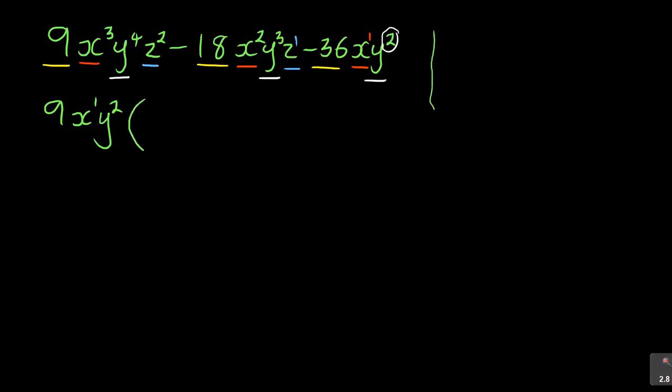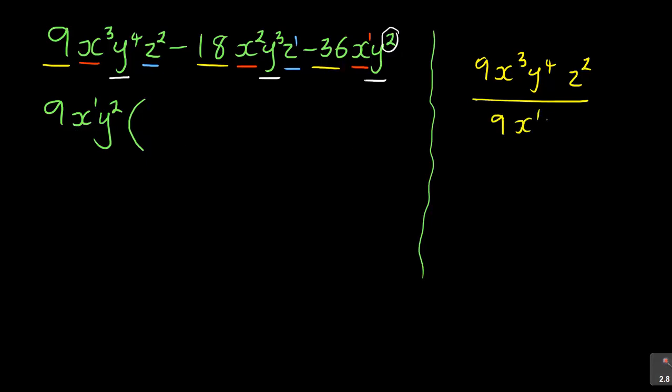So what you are doing, as I've been doing in the previous part, is you are saying 9x cubed y4 z squared. We are dividing by the common factor, which is 9x y squared. So the 9 cancels the 9.